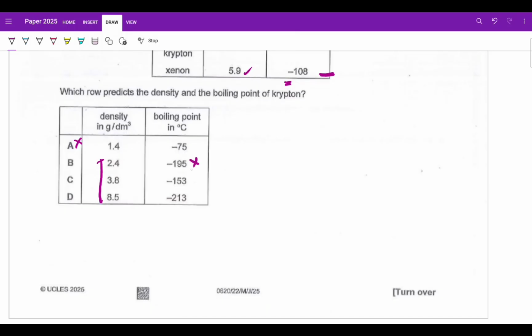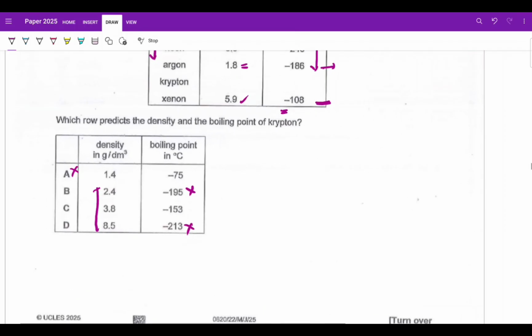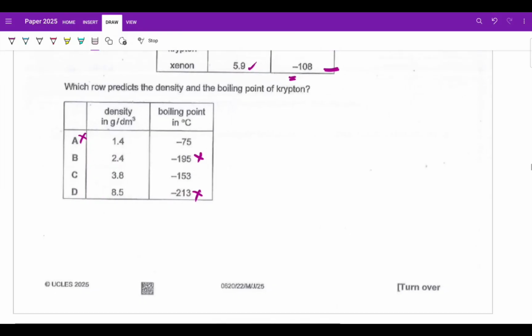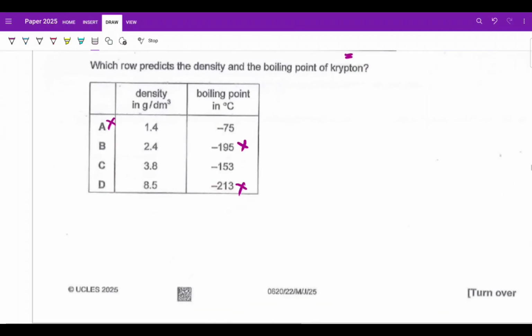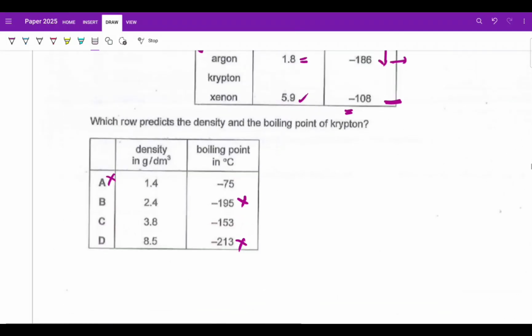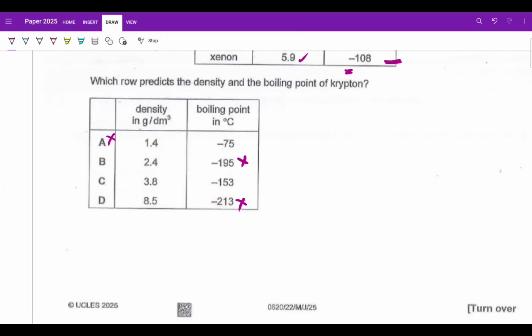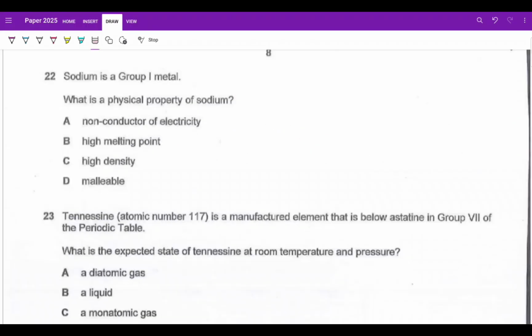Minus 195, no, it is not there. 213, also not there. 153, yes, it is between minus 186 and minus 108. And density is also between 1.8 and 5.9. Therefore, the most appropriate answer will be C, density 3.8 and boiling point minus 153 degrees Celsius.